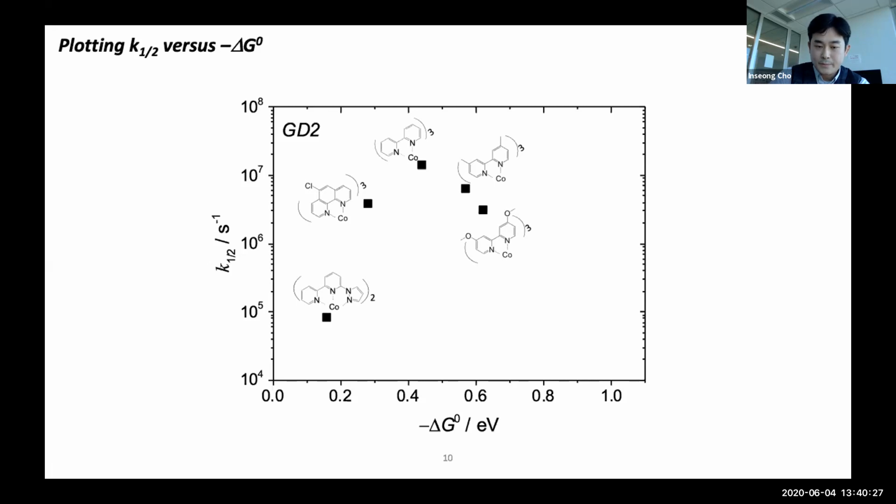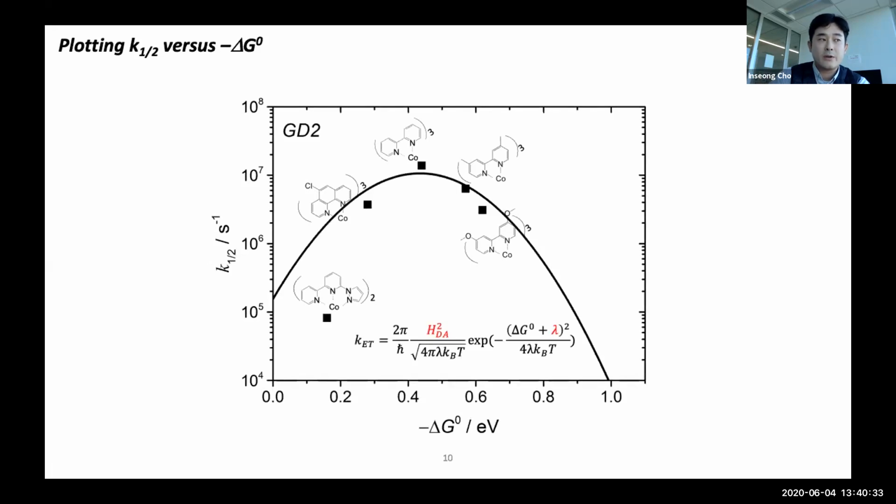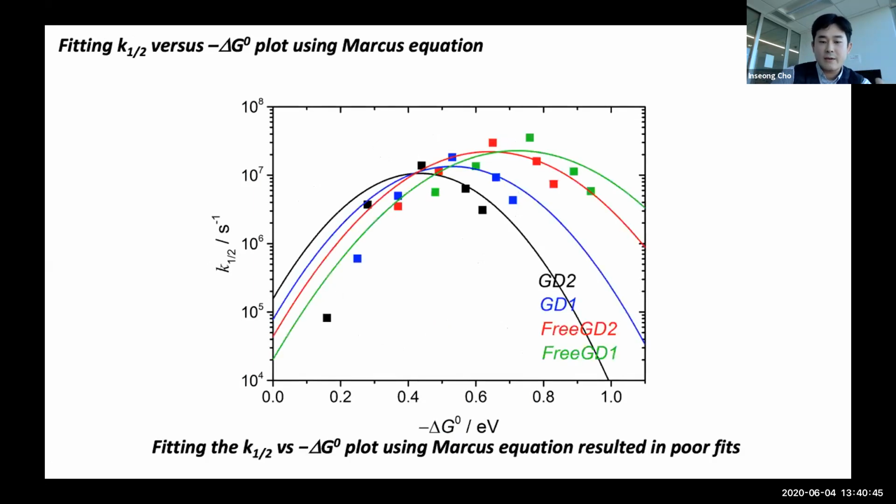And this plot was fitted to the Marcus theory of electron transfer equation. So the outcome of this fitting is the electronic coupling, HDA, and the reorganization energy. We did the same for the other surface bound porphyrins as well. And what I found here is that they actually showed fairly poor fits.